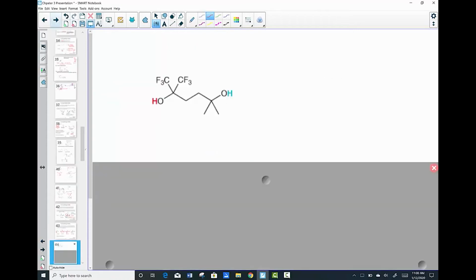Here we have an idea of a little molecule where I have a carbon attached to an alcohol group. Here is a carbon attached to an alcohol group. This in red, this in blue. Which would be the more acidic proton?